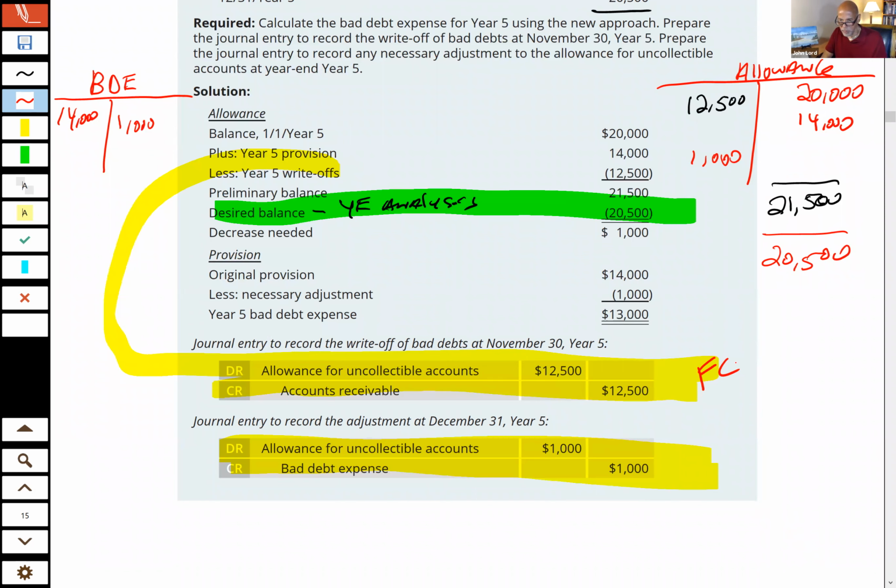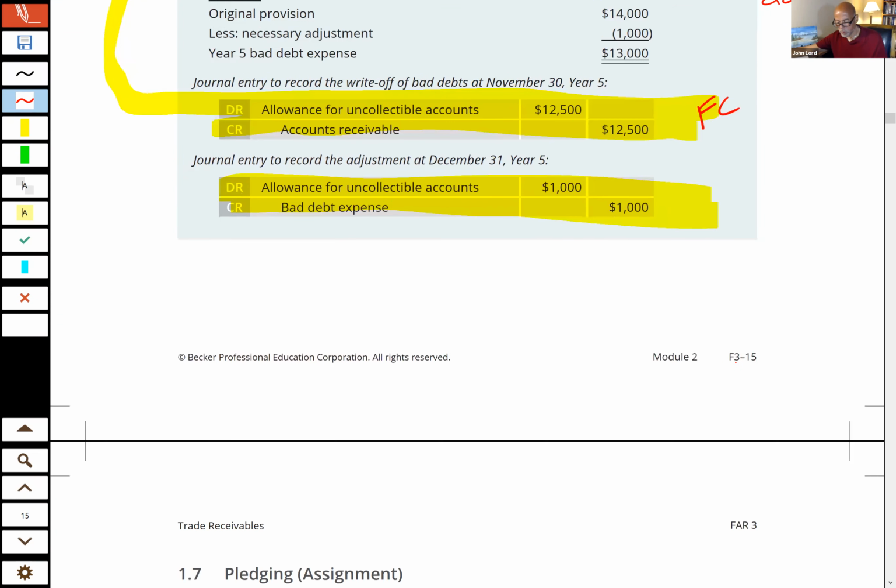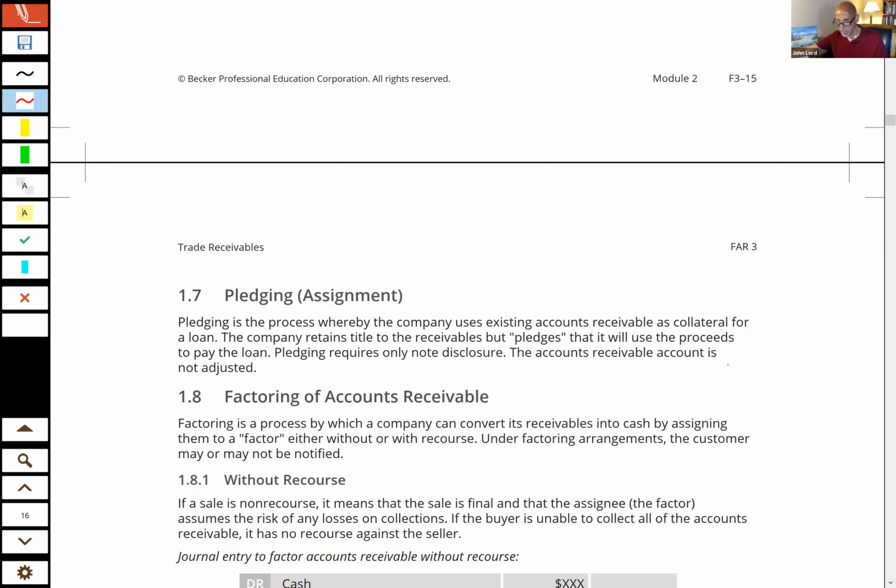I need you to know that. I need you to know how to set up the allowance. I need you to know how to do the write-off. I need you to know how to do the journal entry for the recovery. Question? 10 points, guys. 10 points.